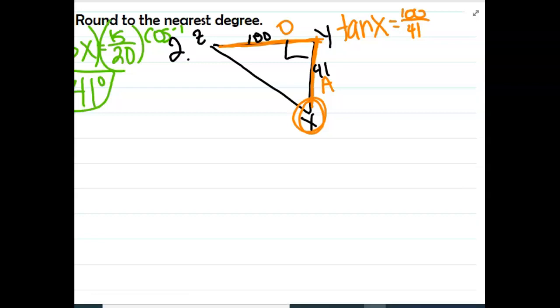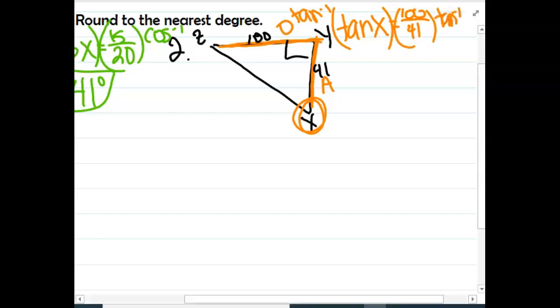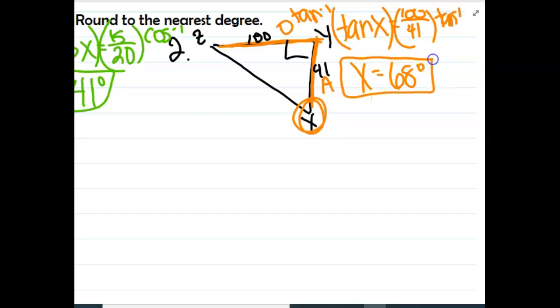And then once again, to get rid of the tangent, you are going to take the inverse of tangent on both sides. So on your calculator, you'll do second tangent, which will give you the tangent inverse. Once again, practice that. We should get 68. And for the angles, we'll round to the nearest degree.